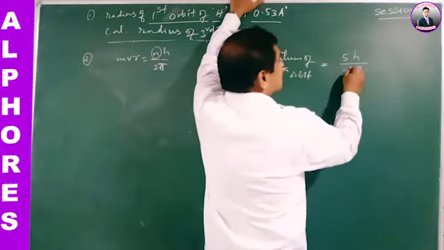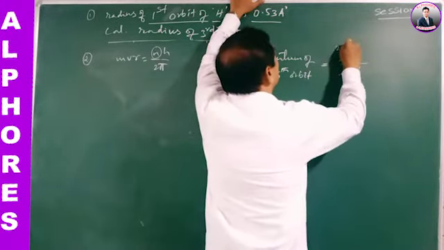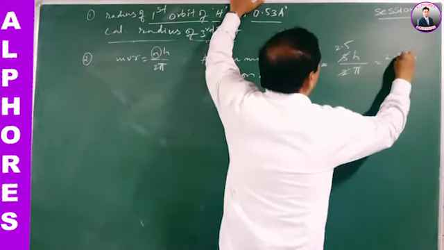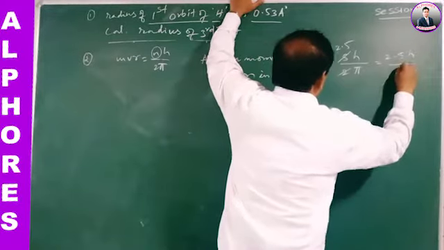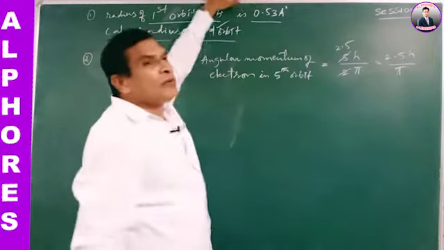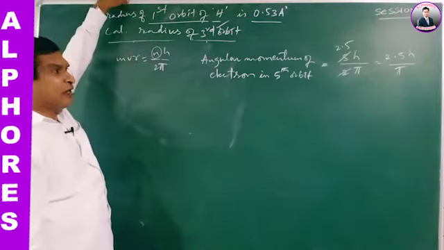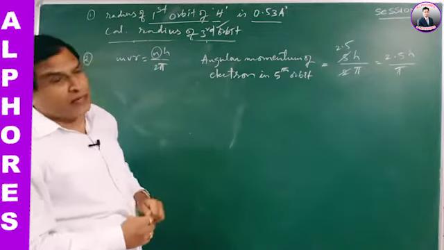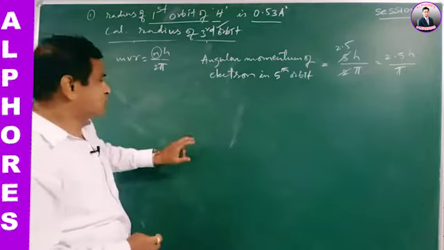That means 2 into 1 is 2.5, therefore it is equal to 2.5h by pi. The angular momentum of the electron in the fifth orbit of hydrogen is represented as 2.5h by pi. Okay, like that, questions like this we can expect.